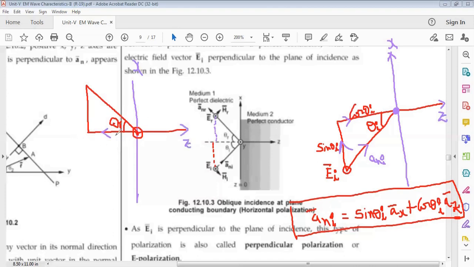So theta R is there, and the adjacent side is cos theta R and the opposite side is sine theta R. At this place we have ER bar, and the direction ANR bar.